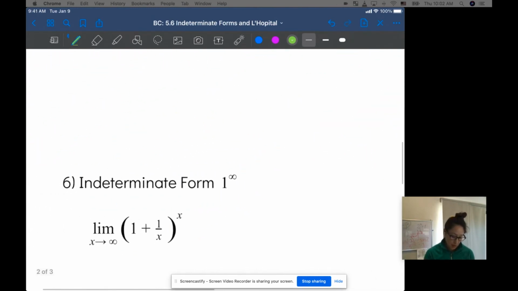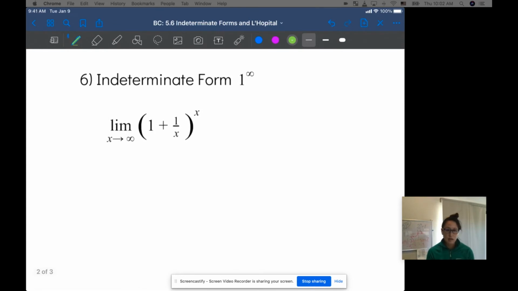Last one, we're going to look at the indeterminate form of 1 to the infinity. And so let's go ahead and do this. We have the limit as x goes to infinity of the quantity 1 plus 1 over x raised to the x power.